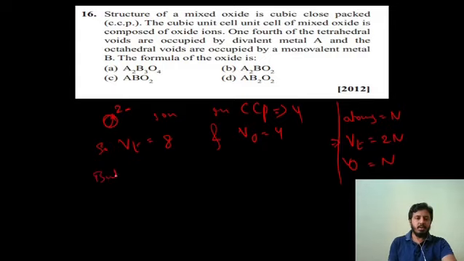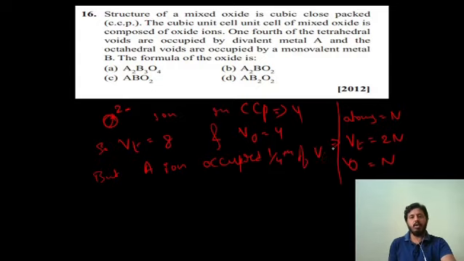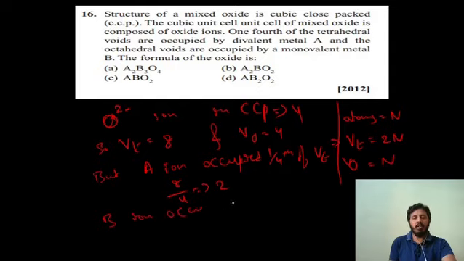But here atom or ion A occupies 1 by 4th of the tetrahedral voids. 1 by 4th of the tetrahedral voids means 8 by 4, which is 2. And B ion occupies all the octahedral voids, which is equal to 4.